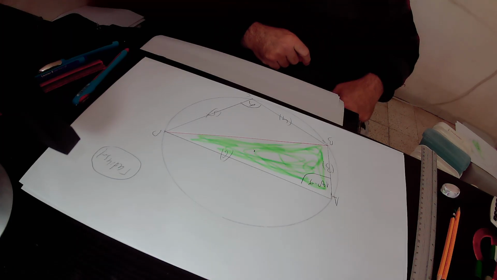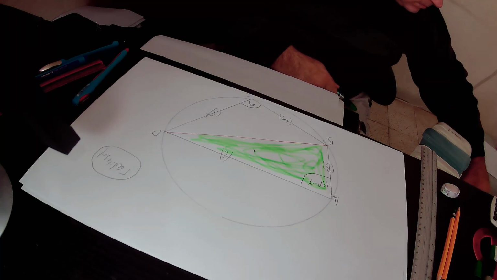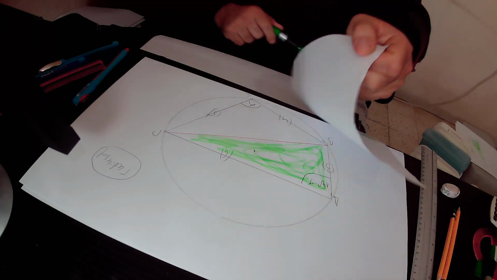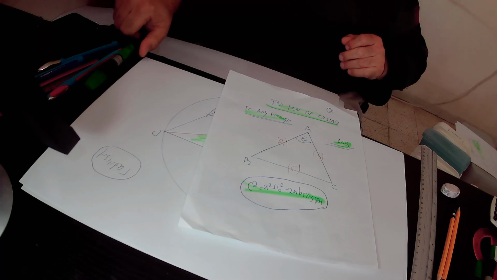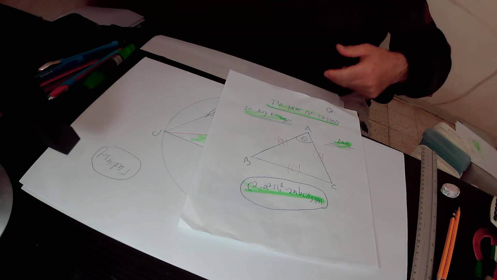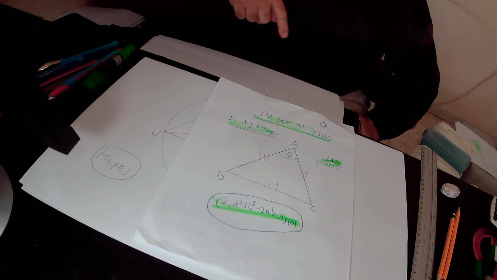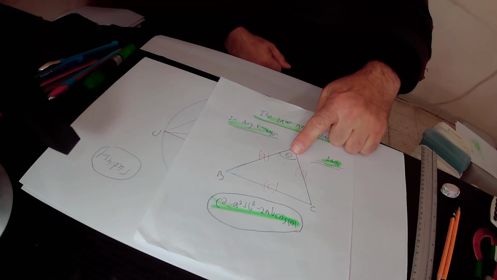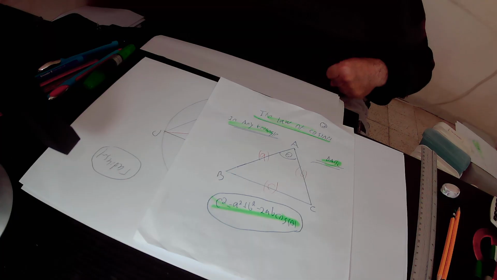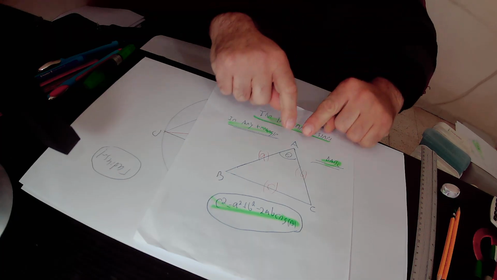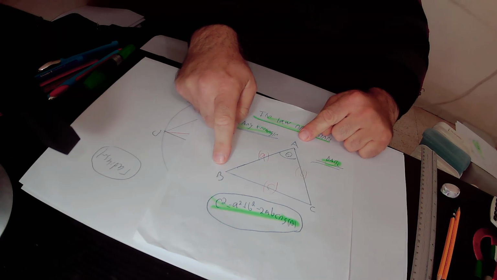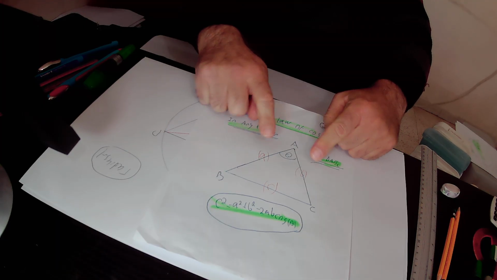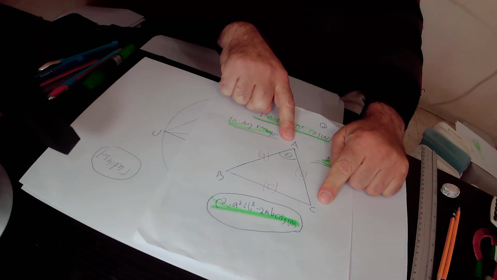So let's quickly repeat the law of cosines. The law of cosines is true in any triangle. This is triangle ABC, which could be any triangle. This is angle BAC, equal to 30 degrees in size. This is side AB of triangle ABC, and this is side AC.